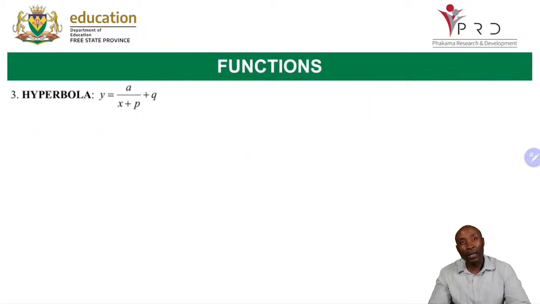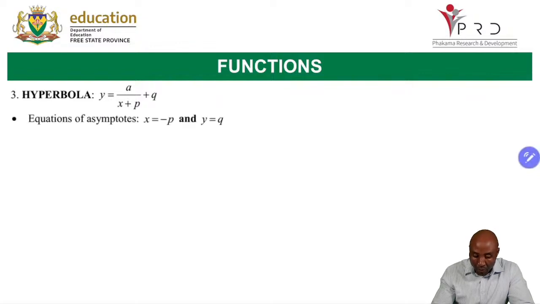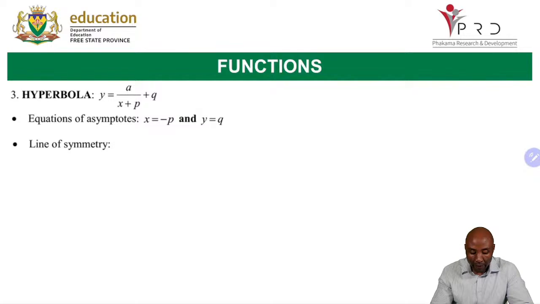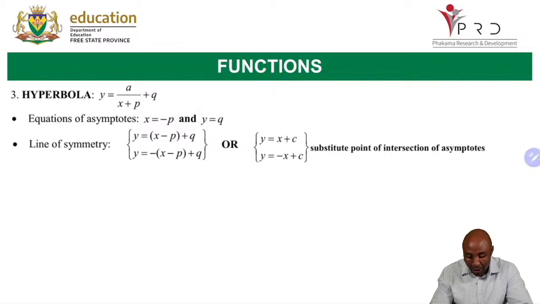Moving forward, we have the hyperbola. Y is equal to a over (x plus p) plus q. We know that our equations of the asymptotes are given by x is equal to -p and y is equal to q. We also have our line of symmetry, which is given by y is equal to x minus p plus q with a positive gradient, and the one with a negative gradient is given by that equation.